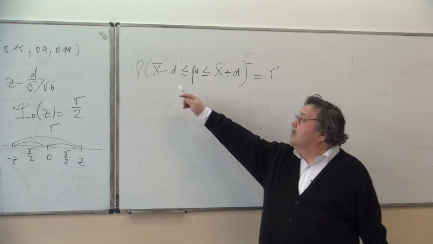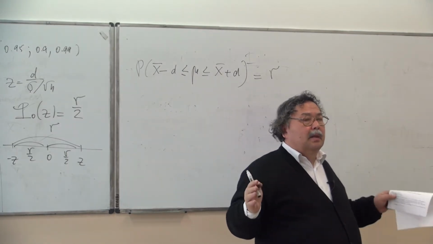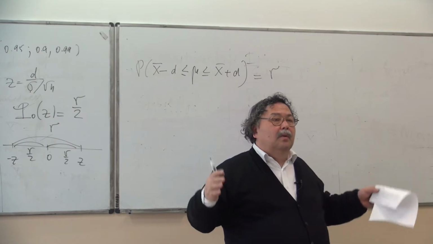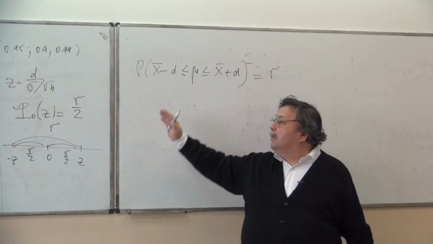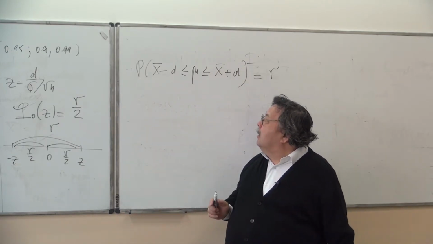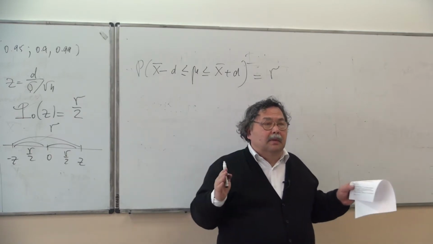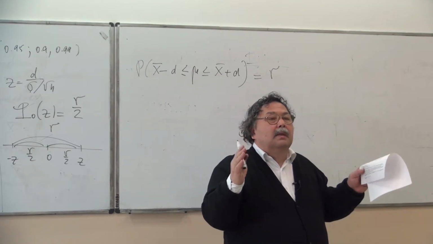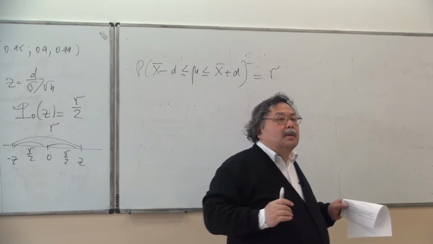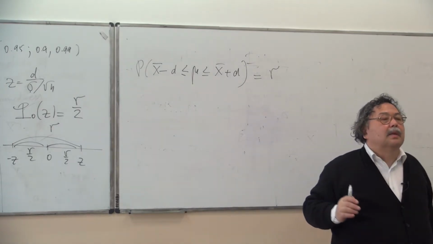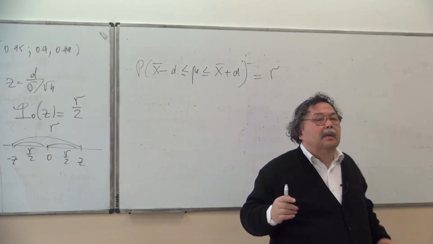What is random here is the value of x bar. Each time we take a random sample, we get a new value of x bar. And subtracting and adding the value of d, we get a random interval. So the random interval shifts each time we take a new sample. Now imagine that we take very many samples of the same size, and each time we construct this interval.